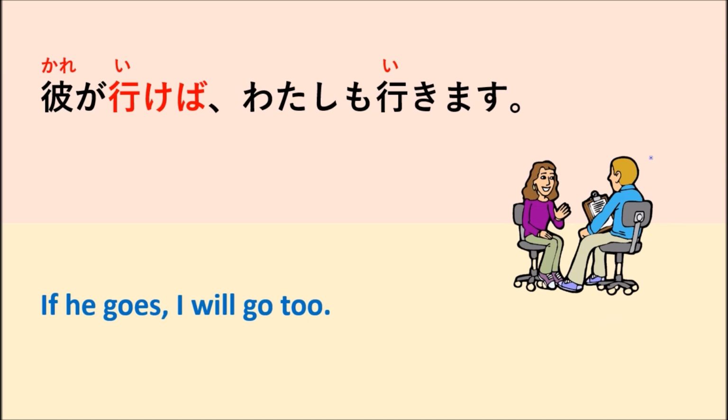When you want to change to the ba form, you change it to 行けば. Another example: 聞く means listen, 聞きます, and you change to the ba form like 聞けば. So it's the rule that you have to remember when you want to change to the ba form.